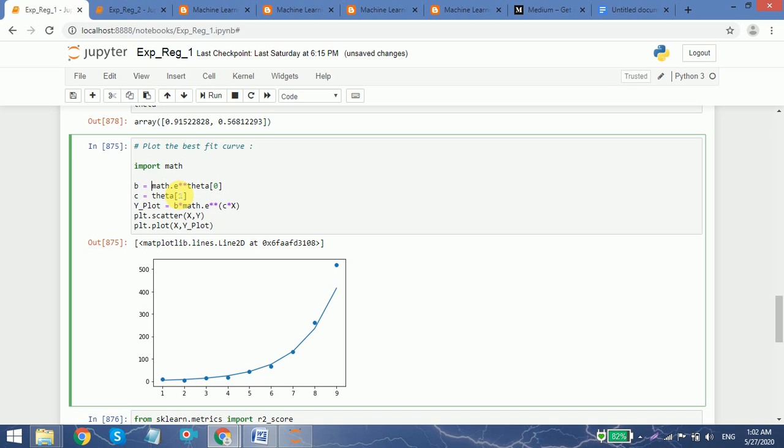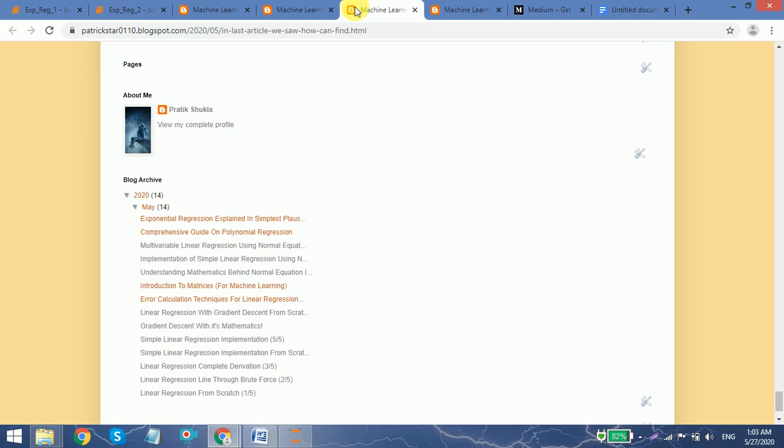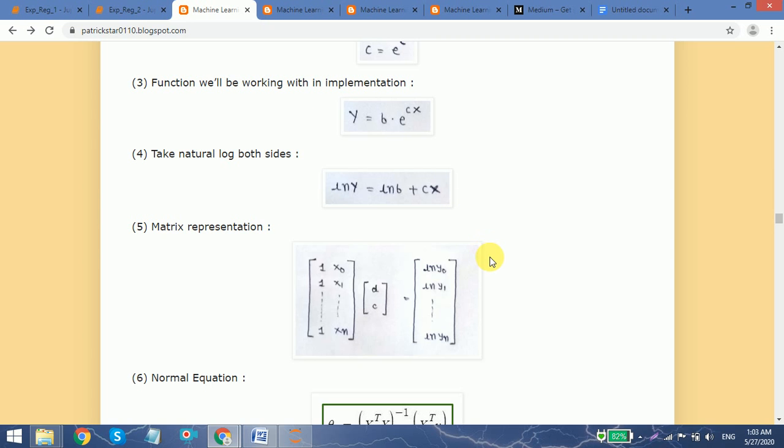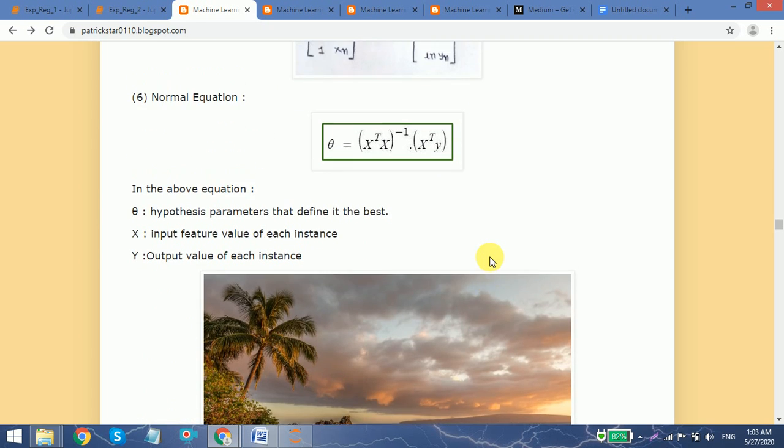Clearly you can see that the value of c equals theta 1, so that is nothing different here, but the difference is in this value of b. If you remember, I told you that we are going to get back here.